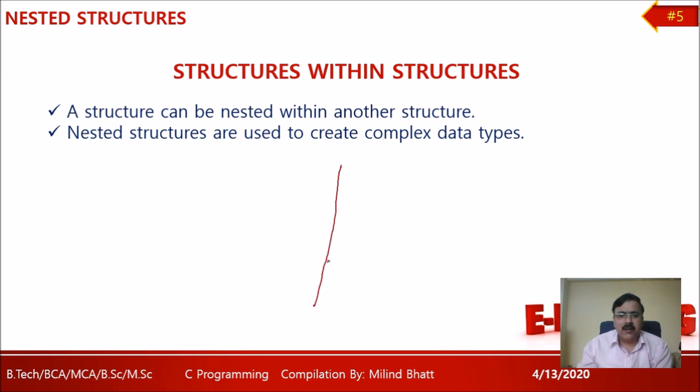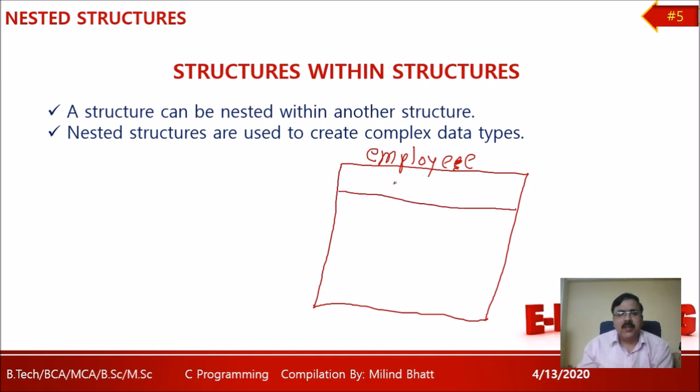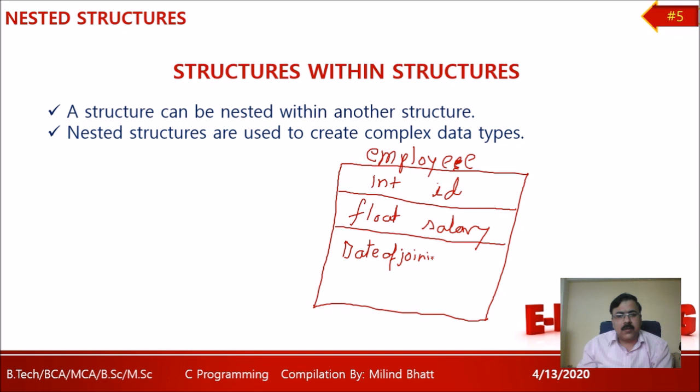I have to declare a data structure of employee type, say, having one integer, its ID, second a float, its salary, and one is date of joining.